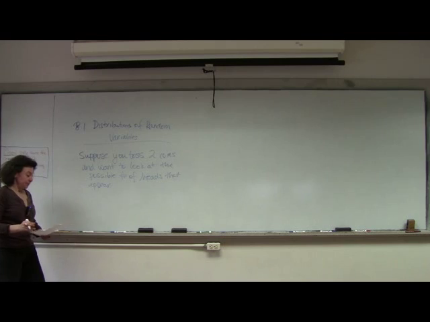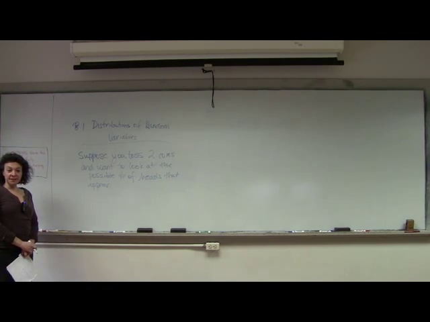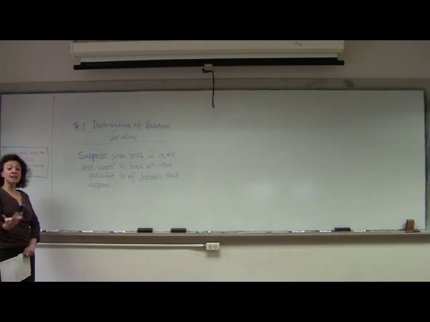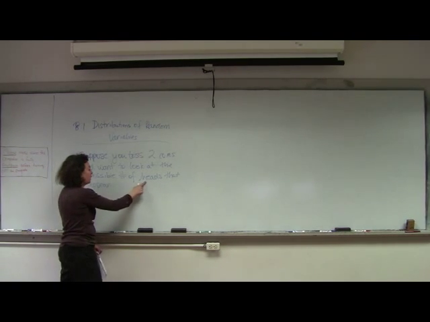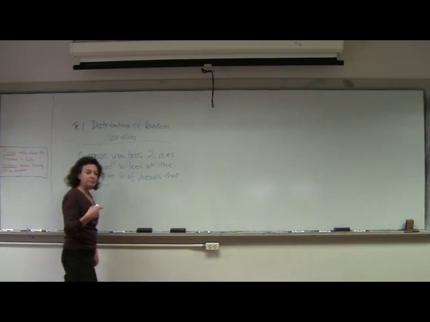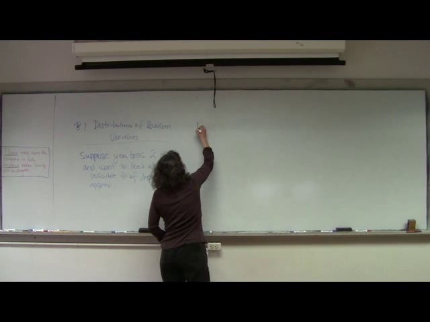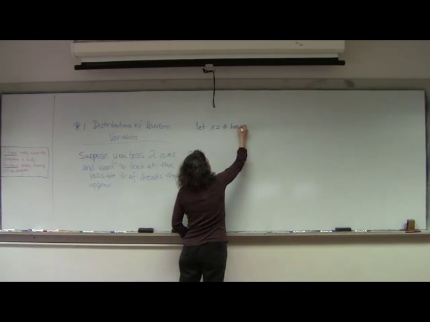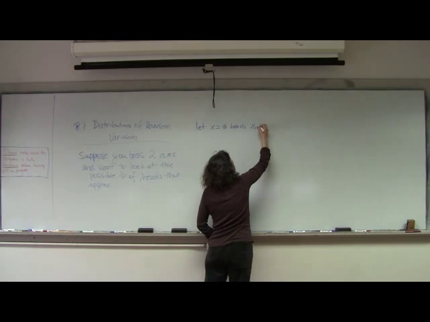All right, so this is our little experiment. So you have to ask yourself, what are we looking for? And it always will tell us what we're looking for. In this case, we want to look at the possible number of heads that appear. So what we'll do is let x equal the number of heads that appear.